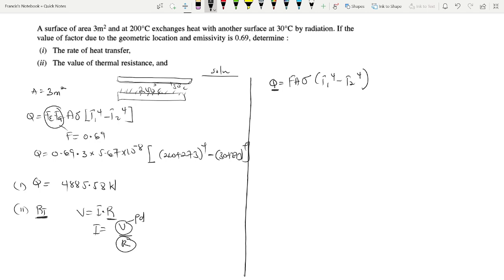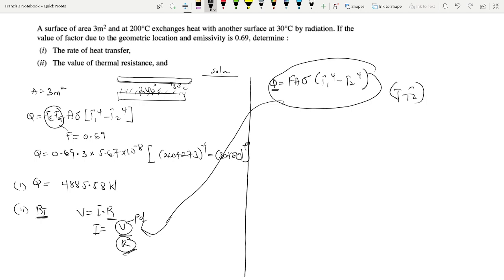So we have to let this equation mimic that one, and then we can get our resistance R. We are supposed to make it T1 minus T2 over R, where T1 minus T2 is the potential difference and R is the resistance.